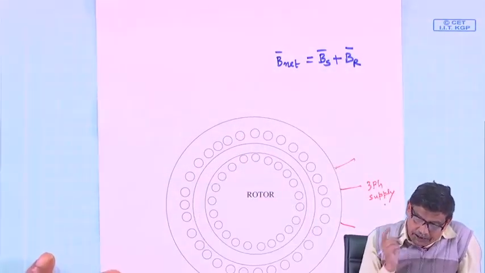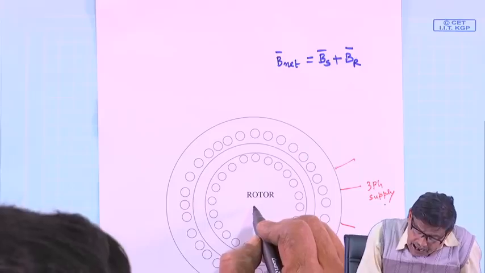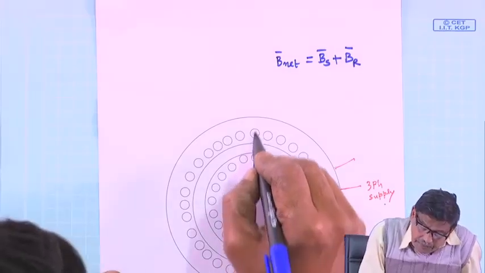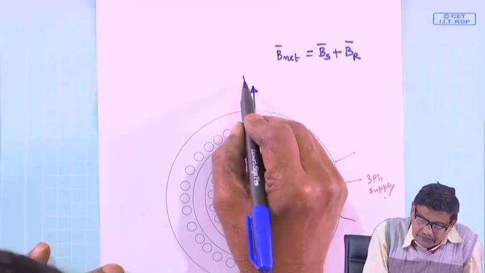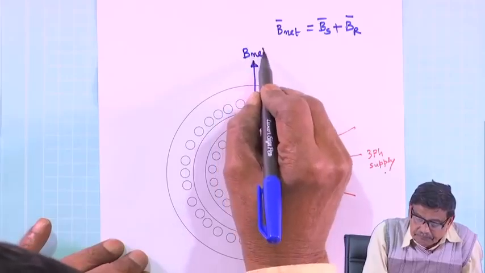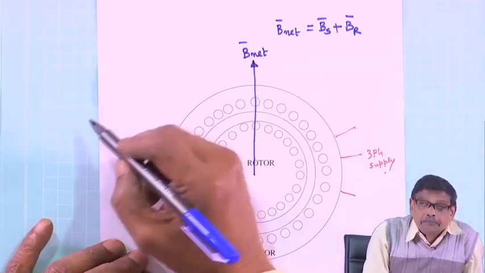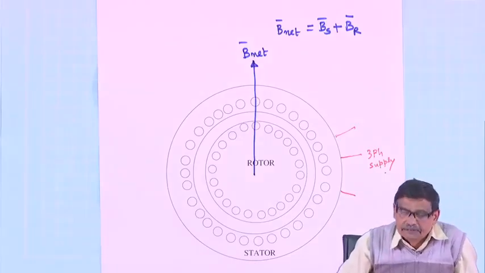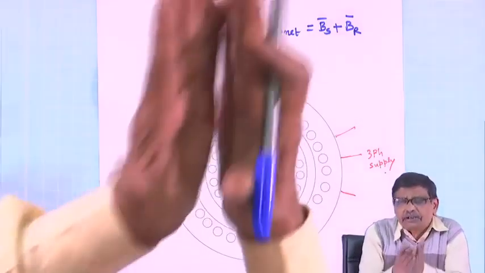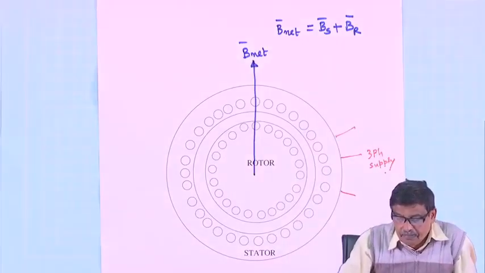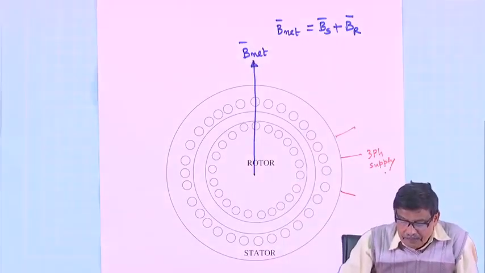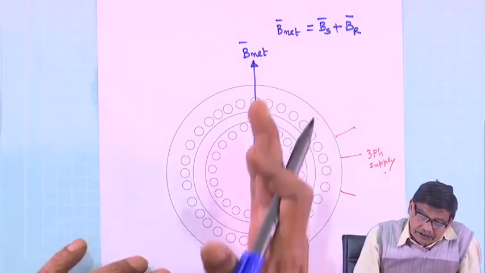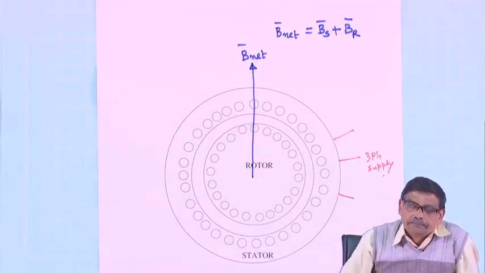Listen carefully. What I am telling is, suppose at a given instant of time, this is my B net. It is moving with a speed ns. Suppose it is positioned here. Clear? So, this is my B net.